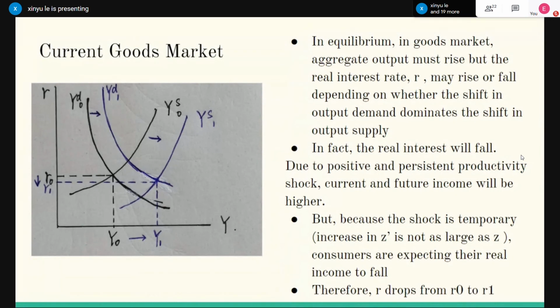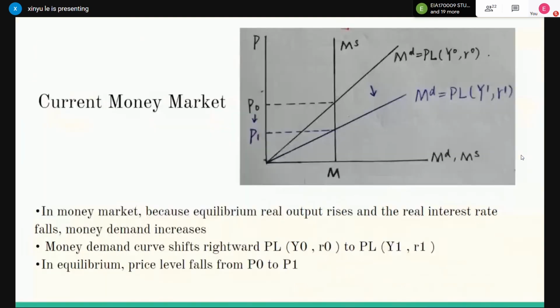In fact, the real interest rate will fall. Due to a positive and persistent productivity shock, current and future income will be higher. But because the shock is temporary, consumers expect their real income to fall. Therefore, R drops from R0 to R1. In the money market, because equilibrium real output rises and the real interest rate falls, money demand increases. The money demand curve shifts rightward.